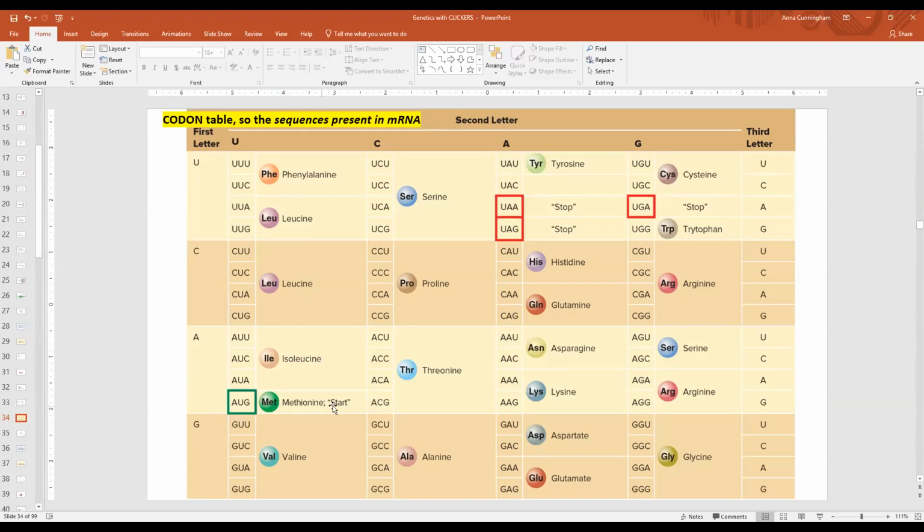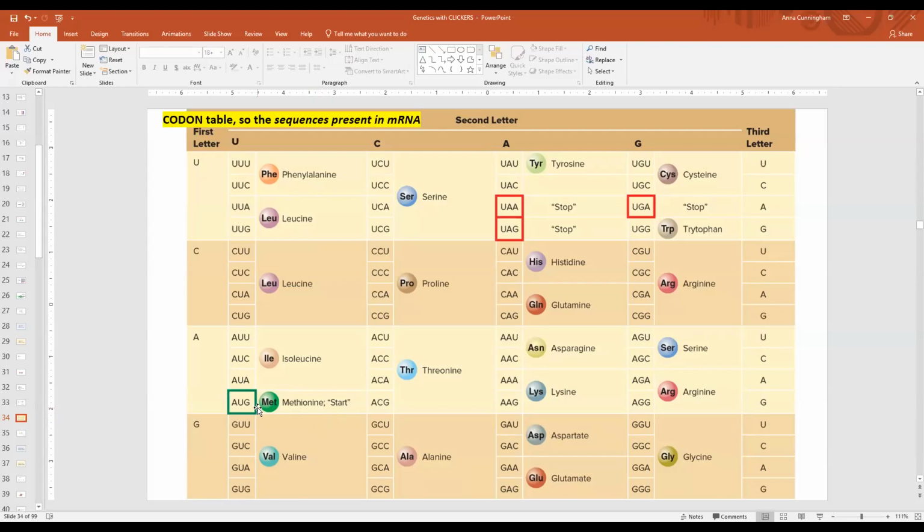AUG, that codon codes for the amino acid methionine, or MET. It's important to note this will not be the only MET in a protein sequence or peptide sequence, but the very first methionine or the very first AUG sequence is where translation will start.